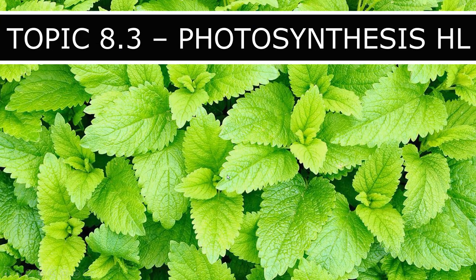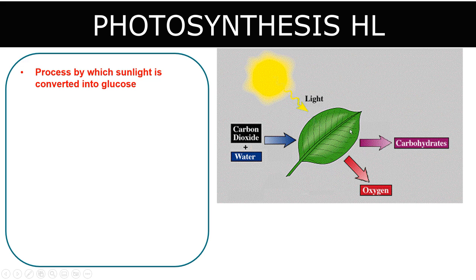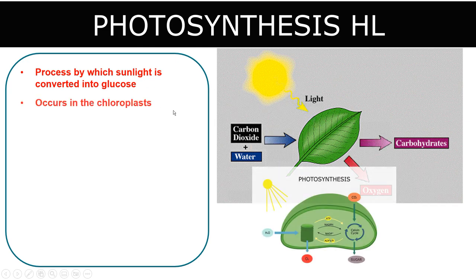Today we're going to focus on photosynthesis, which we know from both topic 2.9 and probably 3rd grade is all about producers using the energy of light to produce glucose. We also know from 1.2 that within plants, photosynthesis occurs within a special organelle called the chloroplast. Like respiration, photosynthesis does not just happen in one step.